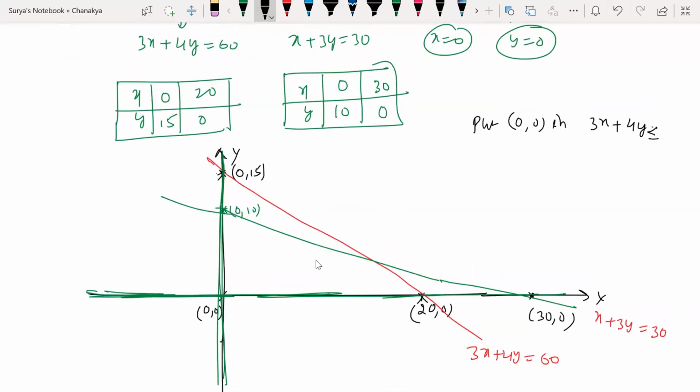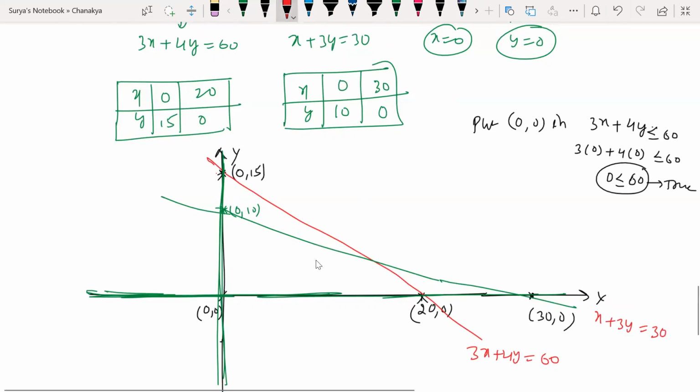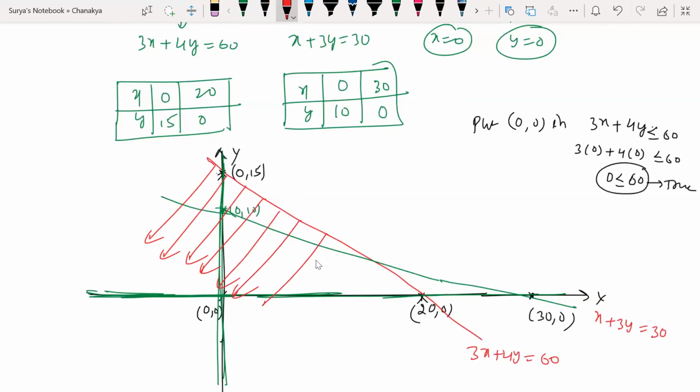So 3 into 0, 4 into 0, less than or equal to 60. So 0 is less than 60, true. True statement is nothing but it is satisfying. So the solution is going to be towards the origin. 0 is below the line. Your solution is going to be below the line.